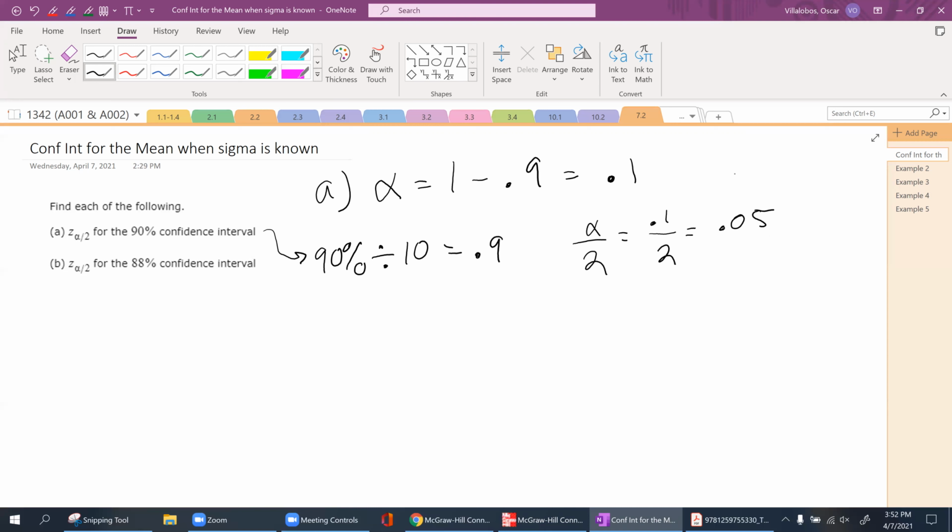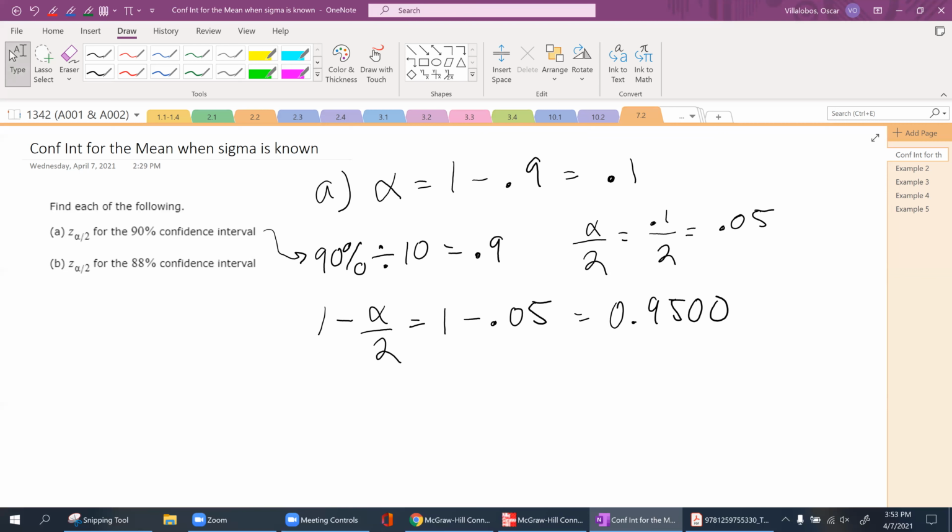My second step is to take one full piece and subtract alpha over 2, so 1 minus 0.05. What does this give me? This gives me 0.9500.